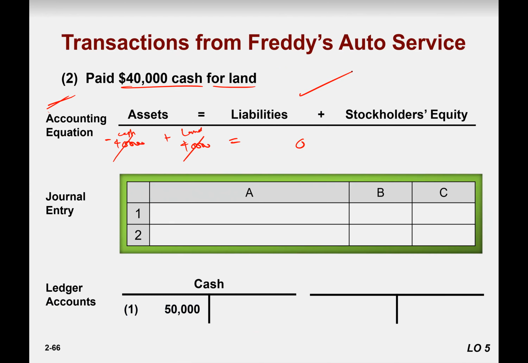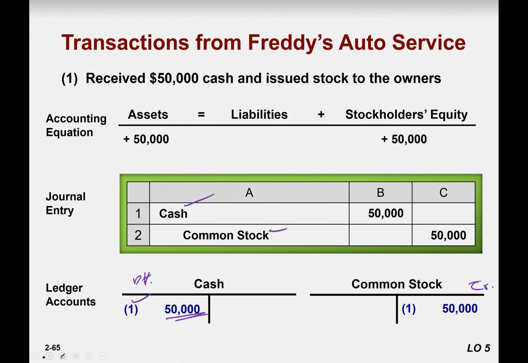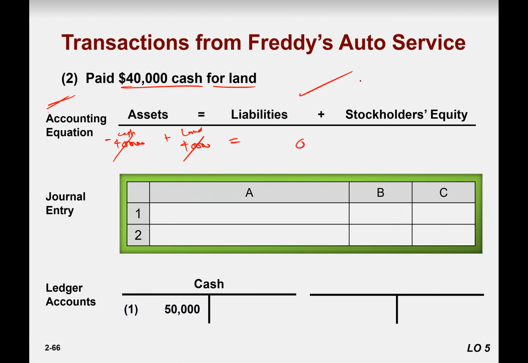How do we make this journal entry? Which two accounts are here? Cash and land. Very nice.